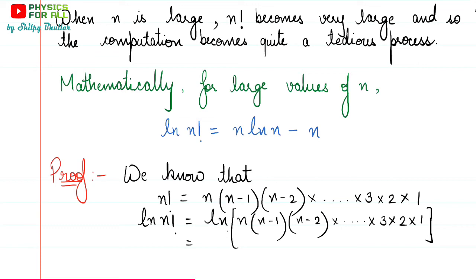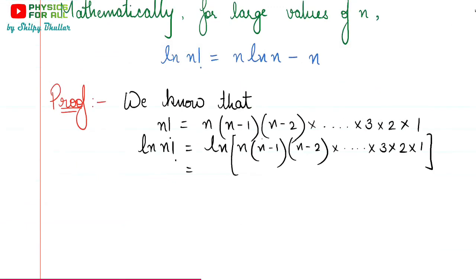This is natural log of n, then natural log of n minus 1, then natural log of n minus 2. We have a formula which states that if we have log of mn, then that is simply equal to log of m plus log of n.